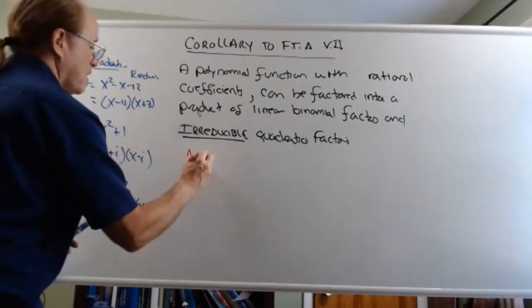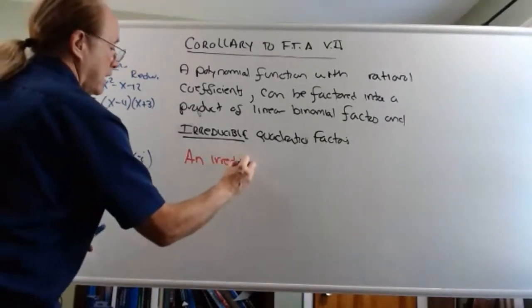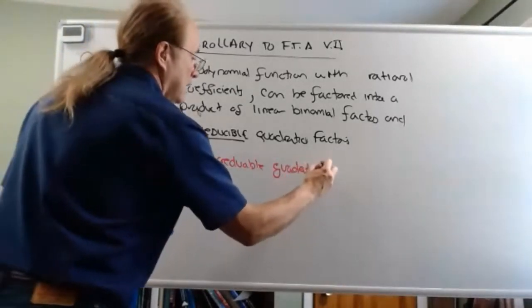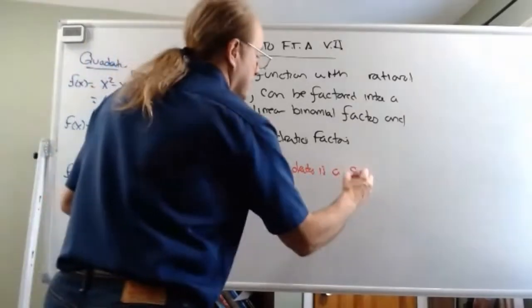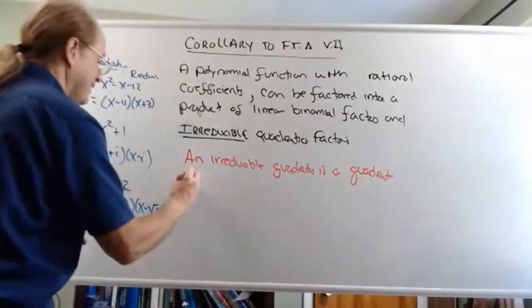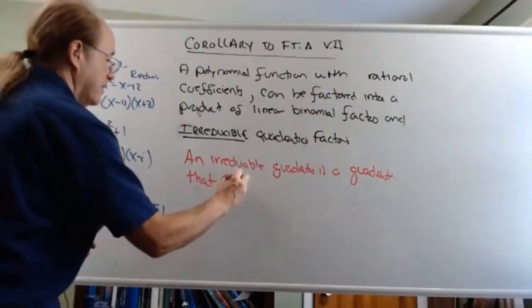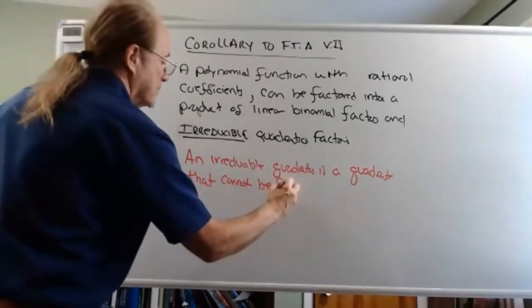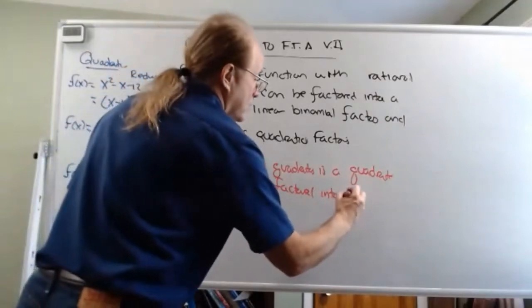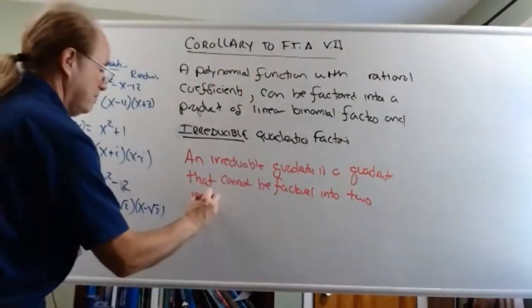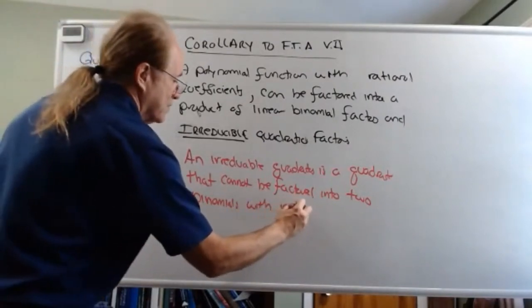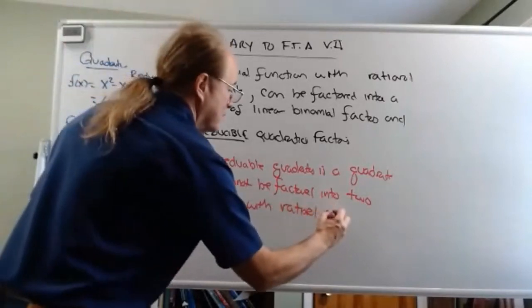An irreducible quadratic is a quadratic that cannot be factored into two binomials with rational number coefficients.